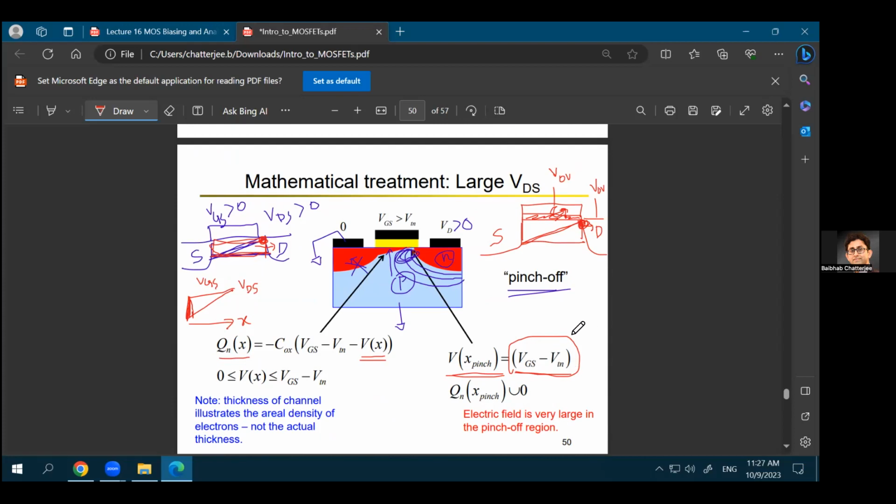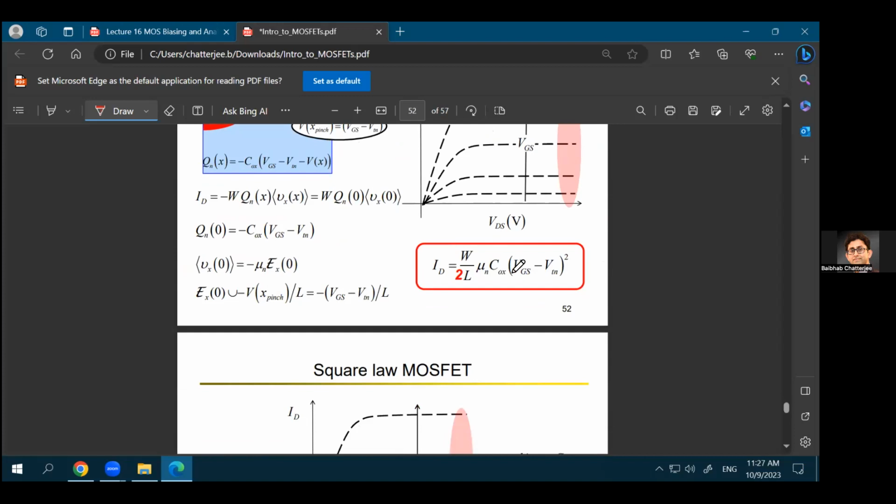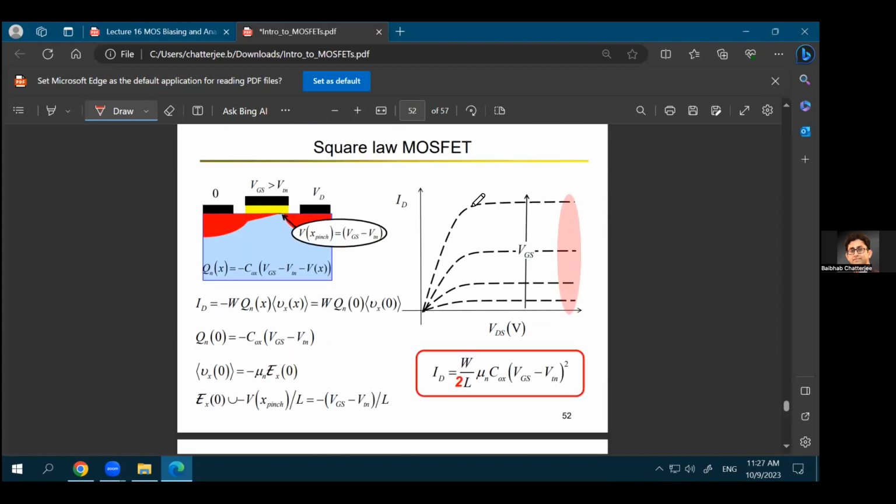Instead of VDS, you'll have another VGS minus VT. And that's what you'll see if you go over this derivation. And you'll see that the current will be half of W over L times mu Cox times VGS minus VT whole squared, which means that in this region, the current becomes a constant.